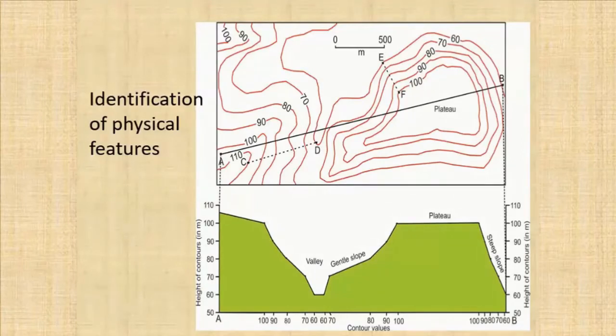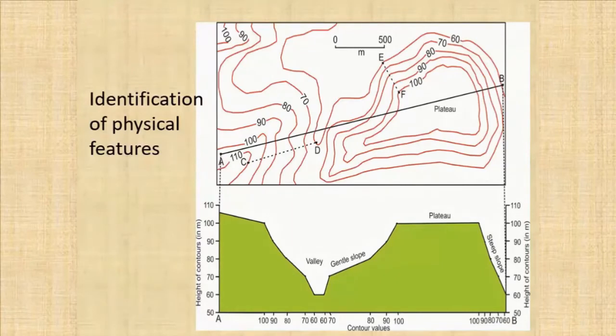And similarly, the plateau, the flat area, is marked by the innermost contour line having a wide gap between its two sides in the contour map. So similarly, based on our understanding of the contour arrangement, we can identify the other features such as valley and gentle slope.